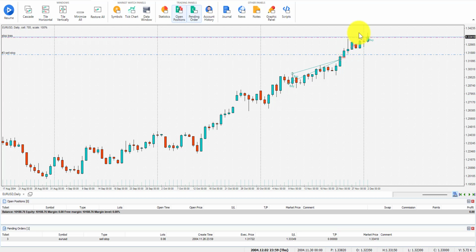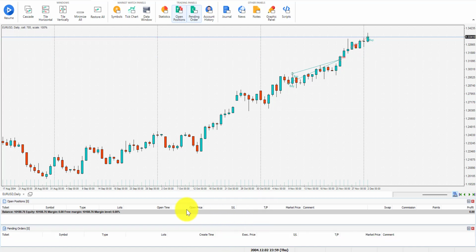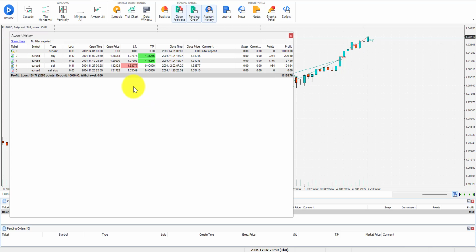However, see what happened here. What happened to our sell stop? Our sell stop, our conservative entry, is still sitting here waiting, and at this stage we can go, okay, delete, right? No trade, and let's go back to our account history window. Let's call these separate accounts, all right?